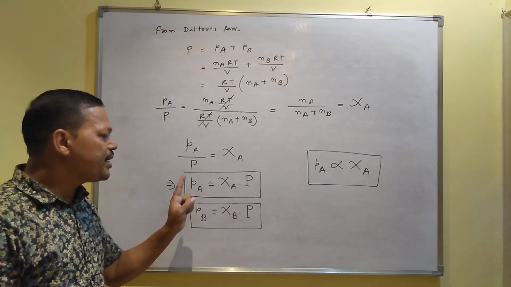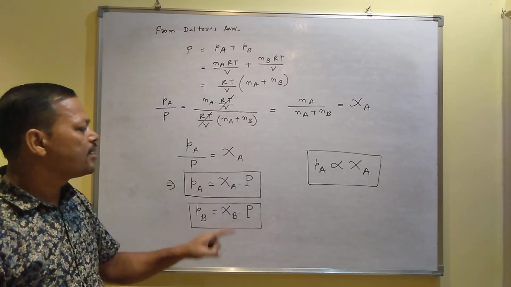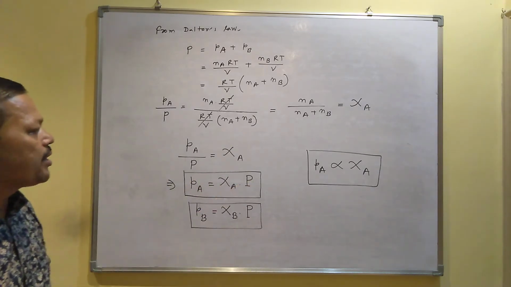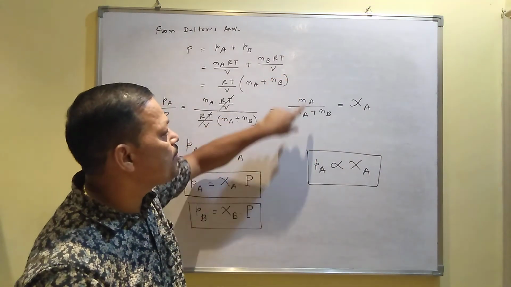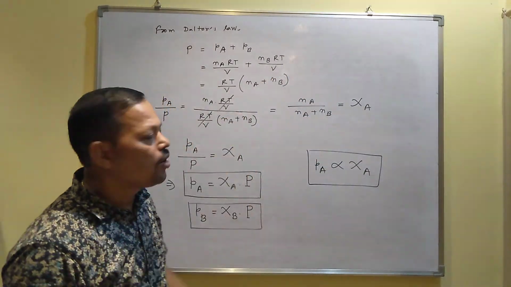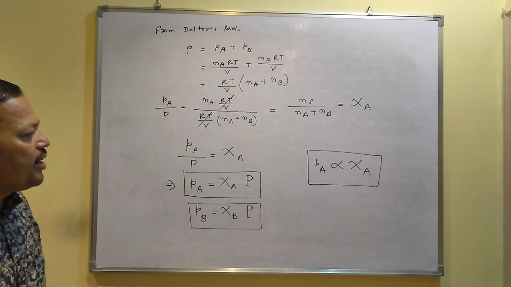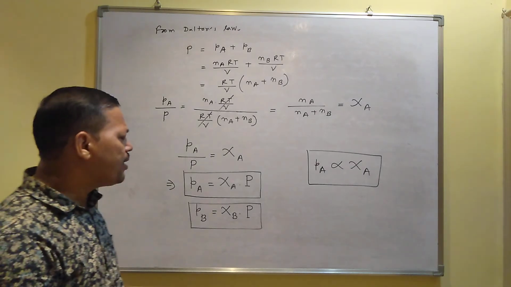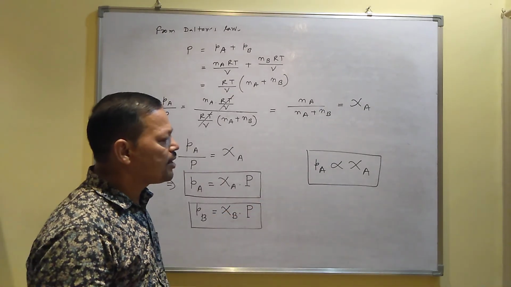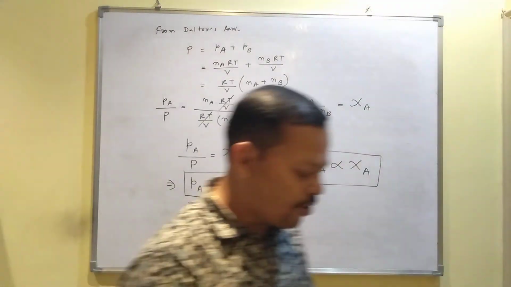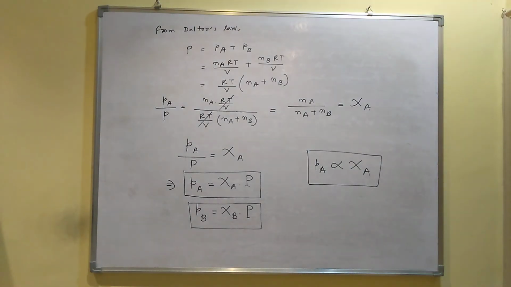Partial pressure of any gas is equal to the mole fraction of the gas multiplied by the total pressure. And what is mole fraction? Mole fraction means nothing but the number of moles of the substance divided by the total number of moles of the gases present in the mixture. And if the total pressure is constant, then partial pressure of a gas is directly proportional to the mole fraction of the gas. So this is about Dalton's law of partial pressure.